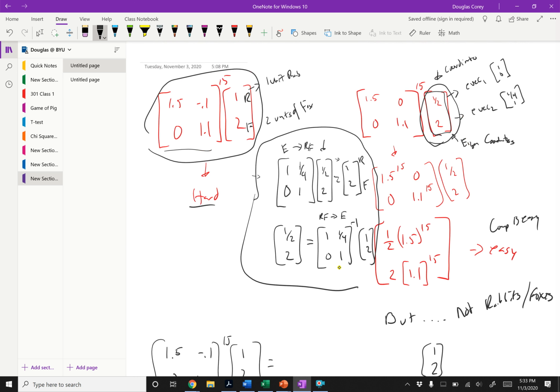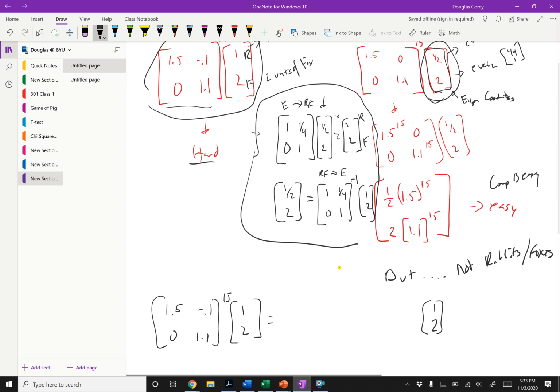I want to start with rabbits and foxes, but by doing a 2 by 2 matrix, I want to translate it into eigenbasis coordinates. So I want to go from rabbits and foxes to eigenbasis. And then once it's in the eigenbasis, I can just multiply.